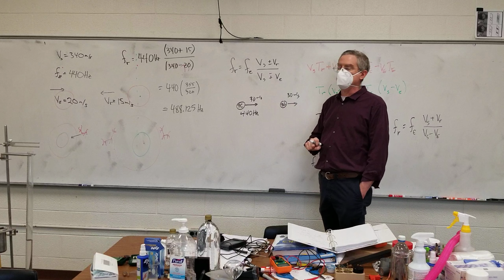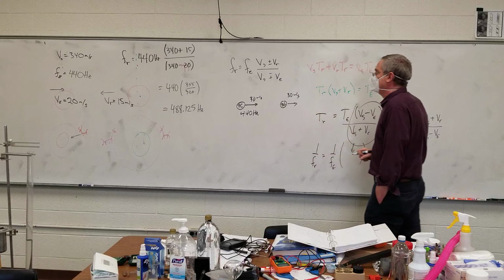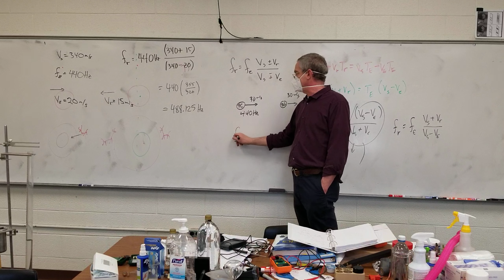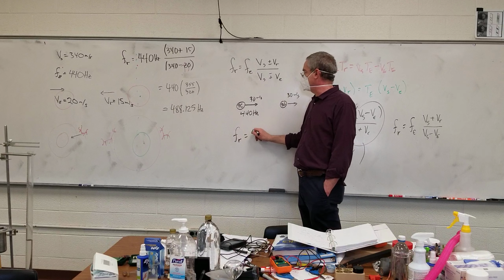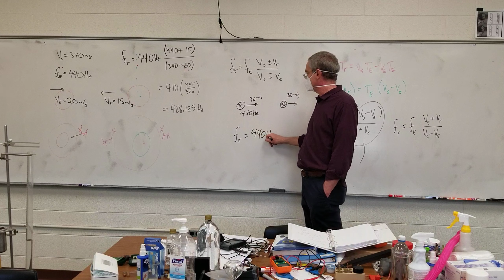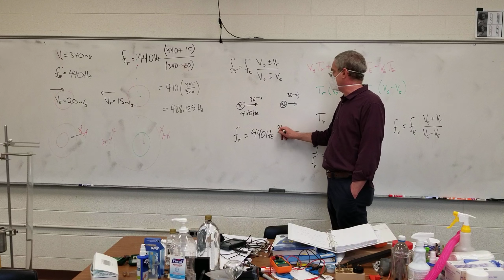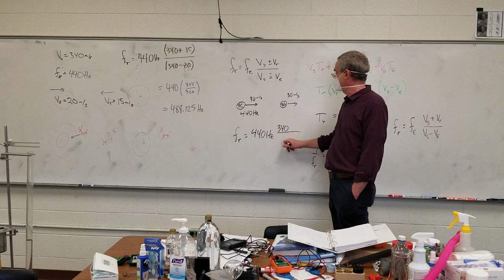What will the bad guy hear? Well, the frequency received will be 440 hertz times a fraction, where the first part is the speed of sound, which we'll still say is 340.